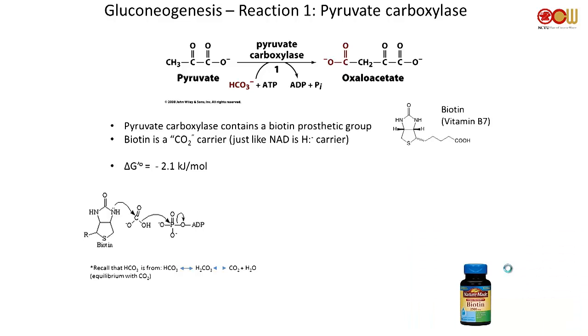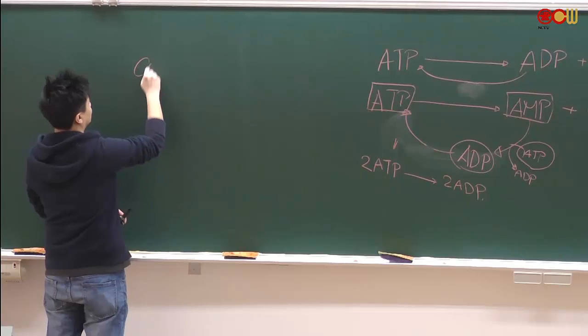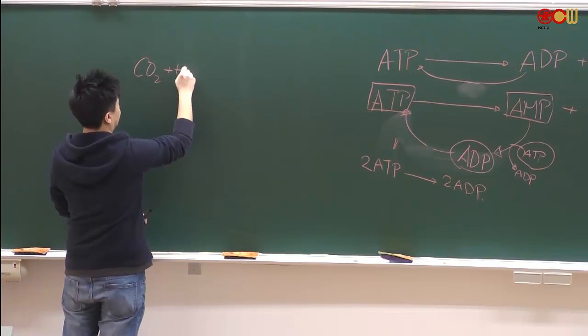You take pyruvate, the alpha keto acid, and use ATP energy and grab a bicarbonate in the solution. Remember, bicarbonate is nothing more than CO2 plus water.